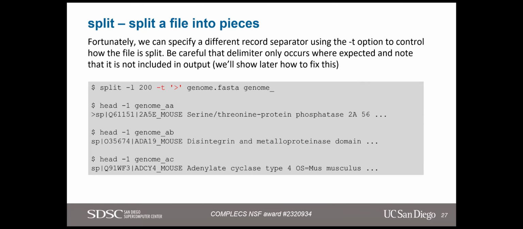We do that by using the -T. Basically, the -T indicates how we want to define what a line is, and the -T is where the line starts. In this case, we're going to use the greater than sign. So in this example, it splits them up.